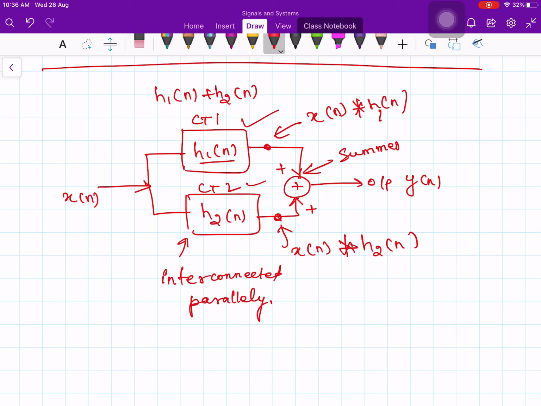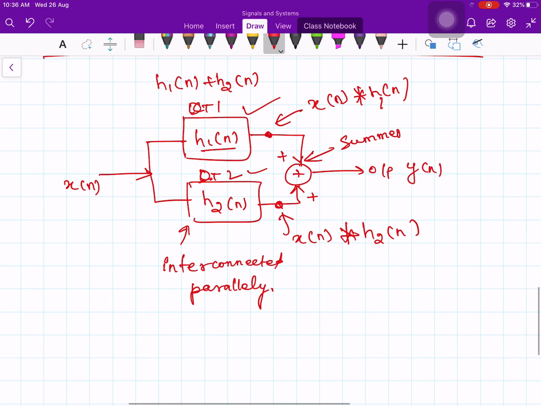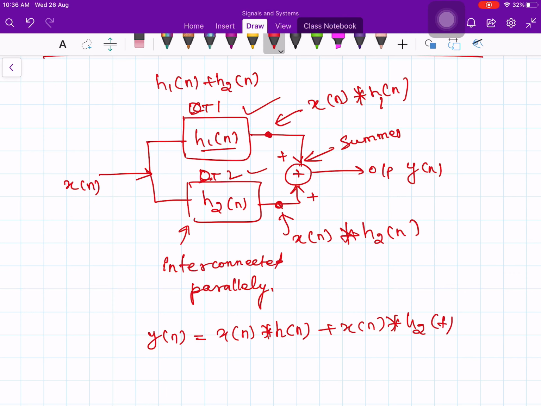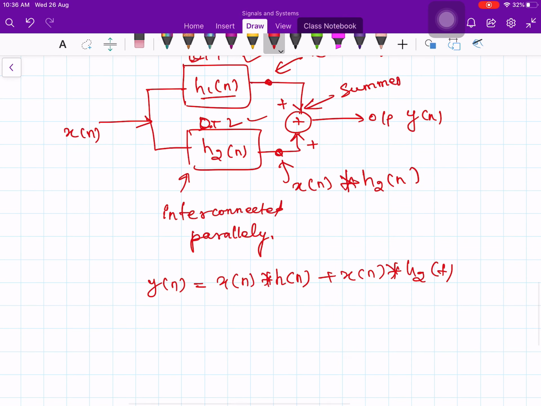So let's say it is a discrete time system, and this is also a discrete time system. Therefore the final output y of n is equal to x of n convolved with h1 of n plus x of n convolved with h2 of n.